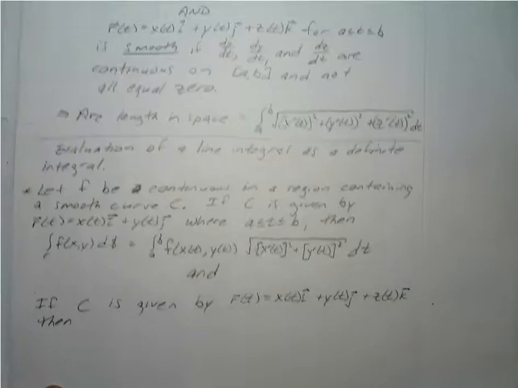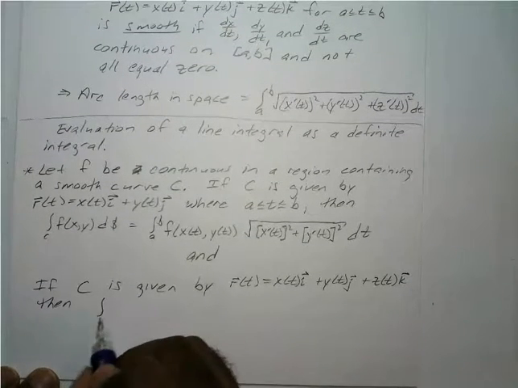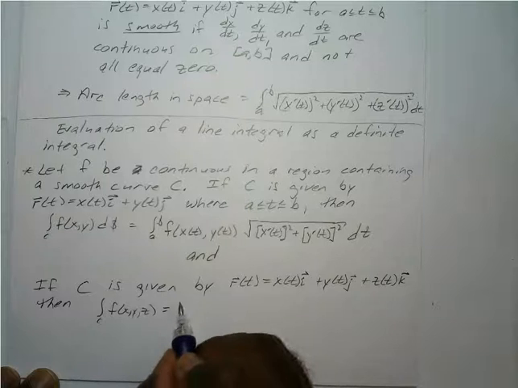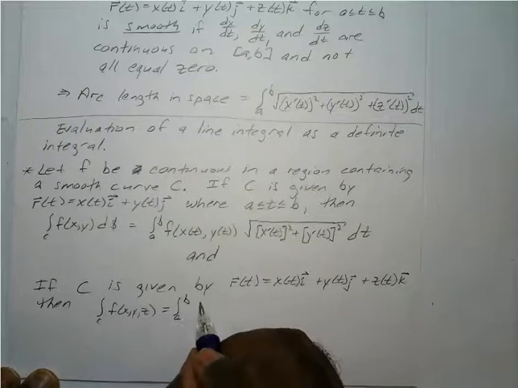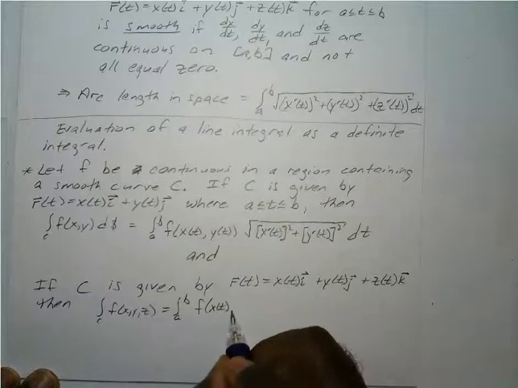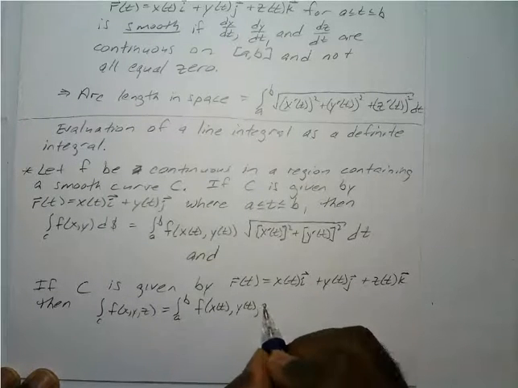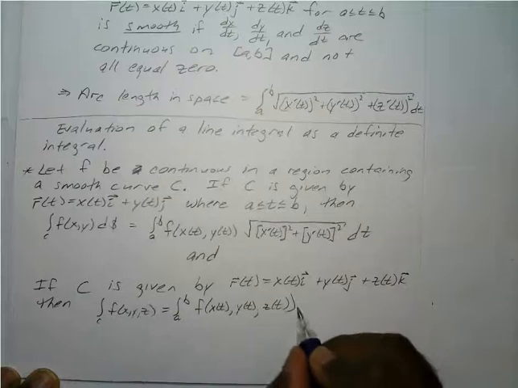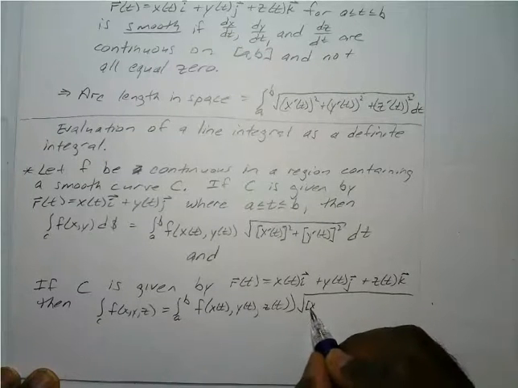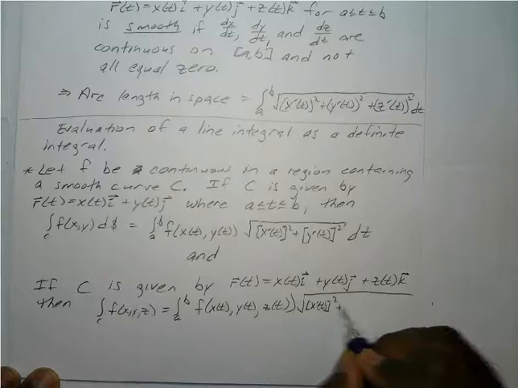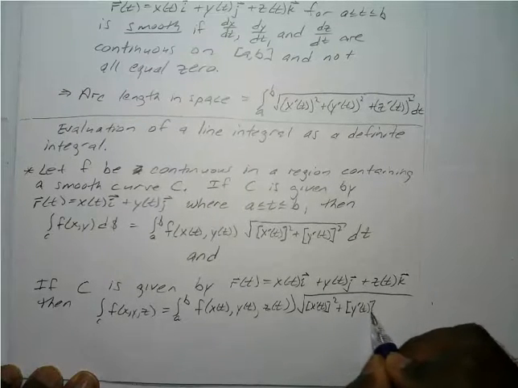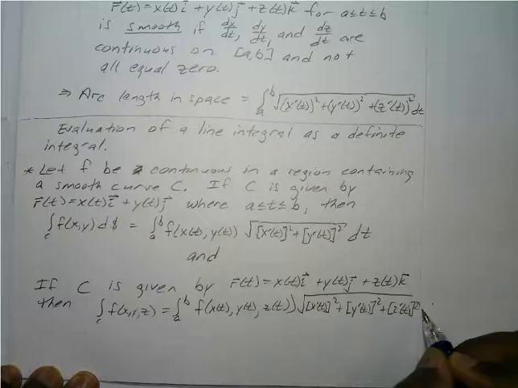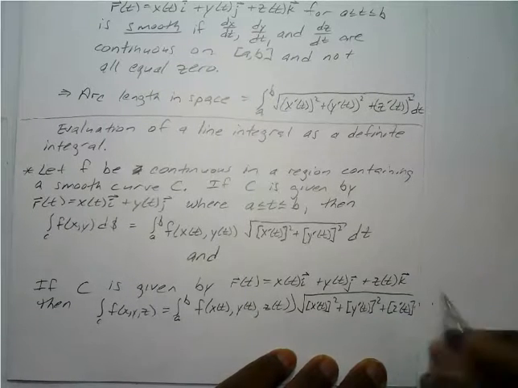If that's the case, your integral of f of x, y, z with respect to s will be equal to the integral from a to b of f of x of t, y of t, z of t, times the square root of x prime of t squared plus y prime of t squared plus z prime of t squared, with respect to t. I'm running out of space.